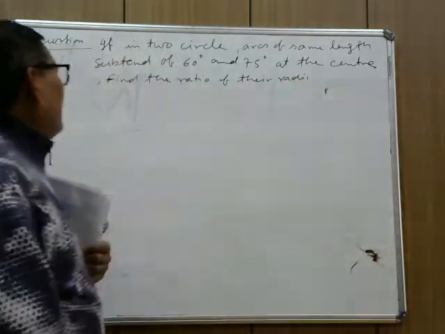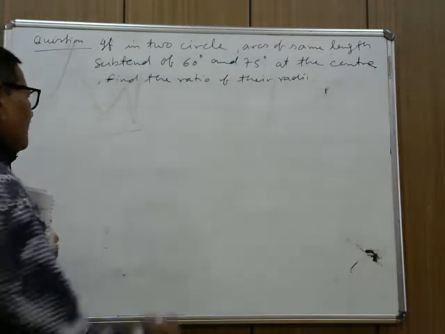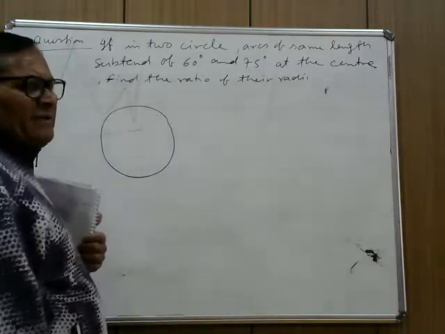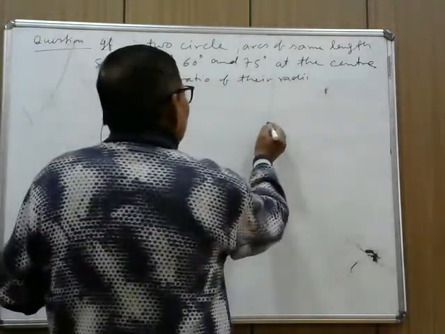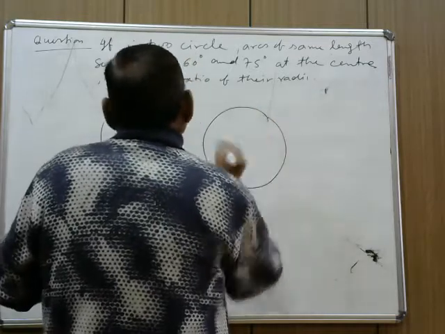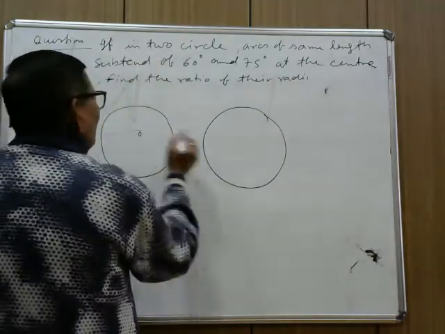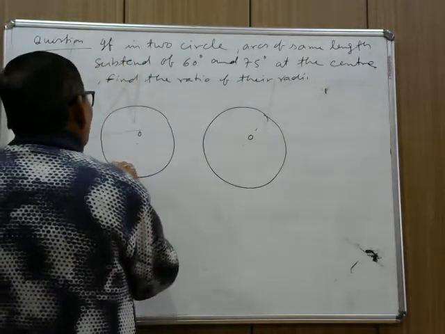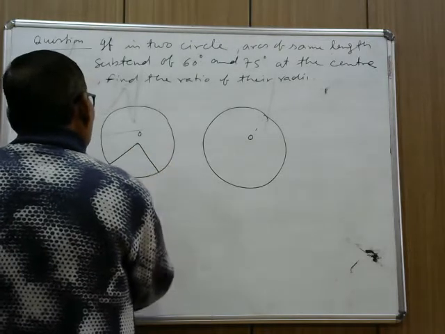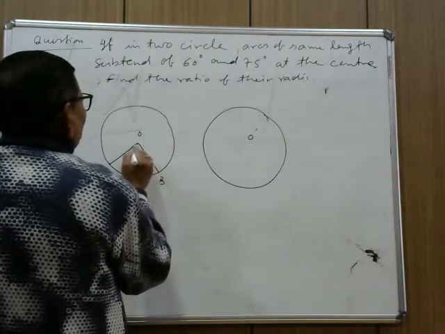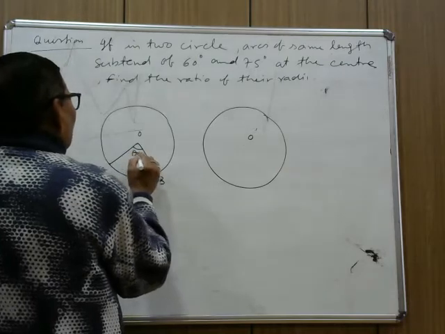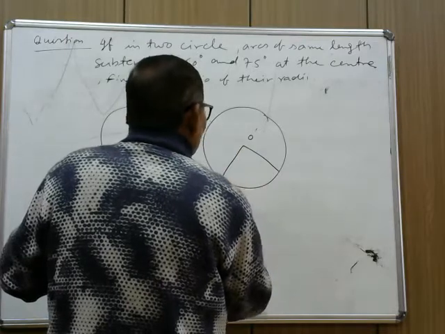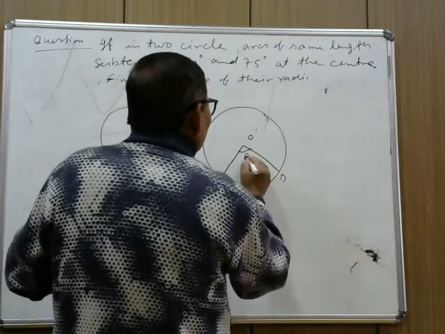So now you remember that here two different circles mean their centers and radii both are different. So in this case your center is O, or the center of this is O dash. Here your arc AB subtends an angle theta 1, and here arc CD subtends an angle theta 2.